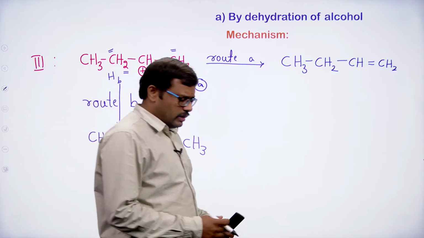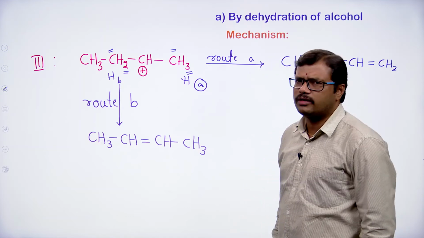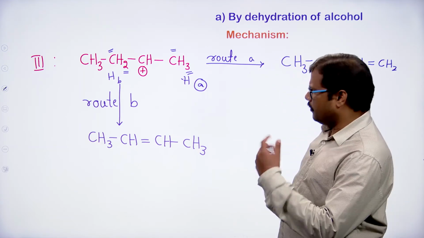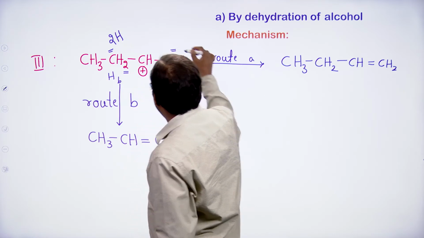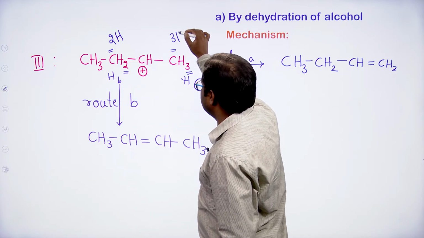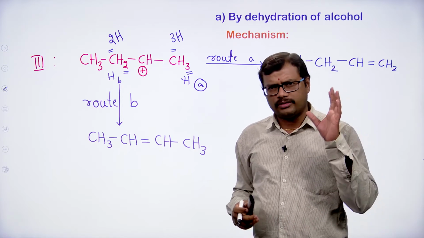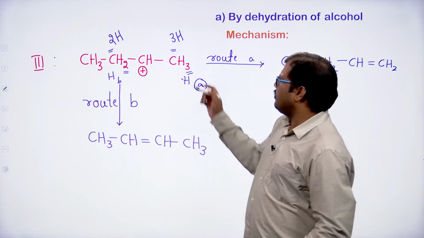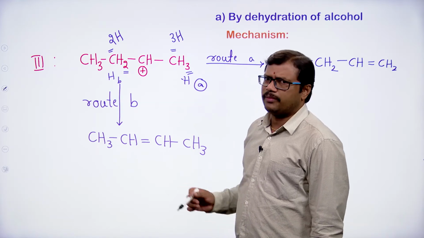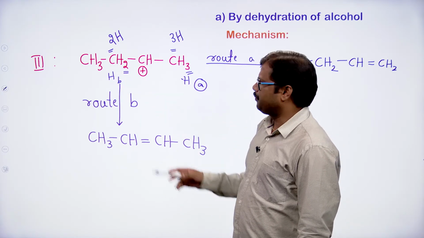So, which proton has to be lost according to Saytzeff's rule? Here if you observe, this carbon atom has 2 hydrogens, and this carbon atom has 3 hydrogens. Whenever dehydration takes place with secondary and tertiary alcohols, the hydrogen is always lost from the carbon atom which has the least number of hydrogens.